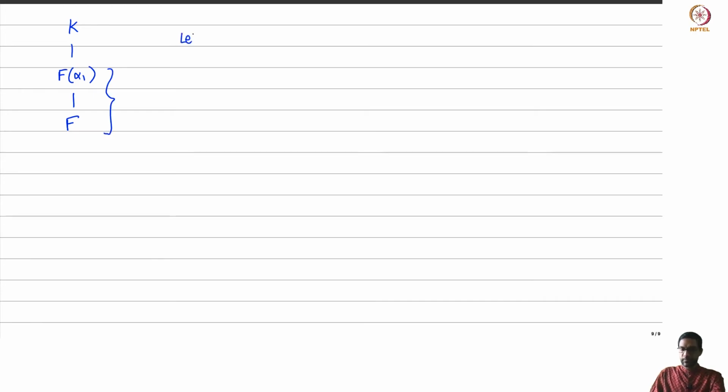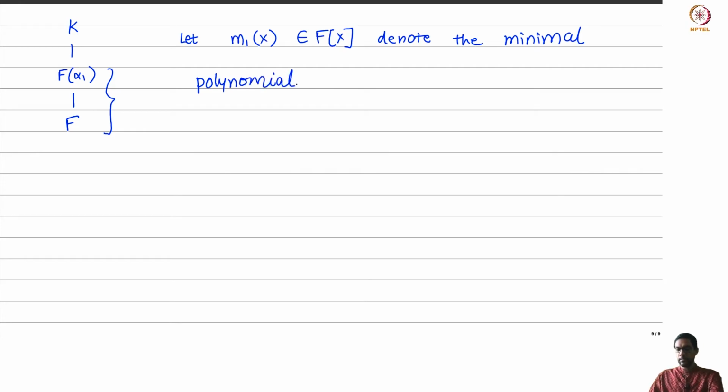So let m1(x) in F[x] denote the minimal polynomial, by which I mean the minimal degree irreducible polynomial satisfied by alpha 1, the minimal polynomial of alpha 1 over the field F. I can also assume it is monic.